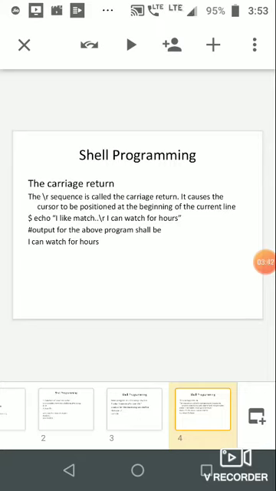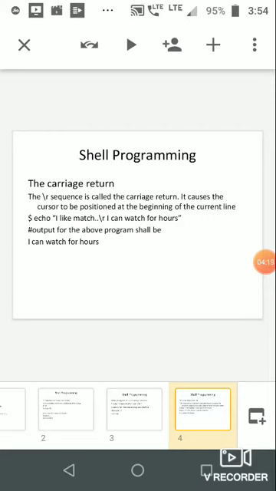Now after doing it, what will be the output of this sentence, this command or this shell script? The output for the above program will be only a piece of the sentence, that is, I can watch for hours.